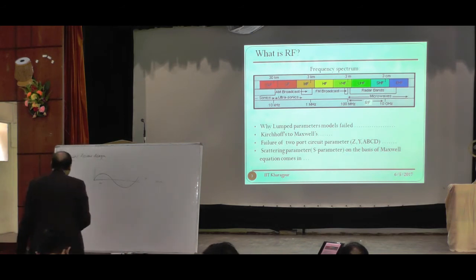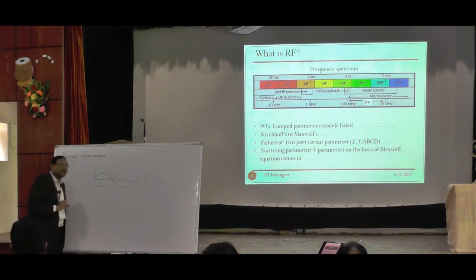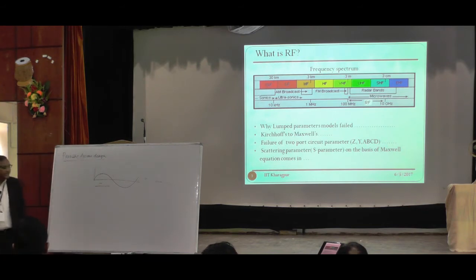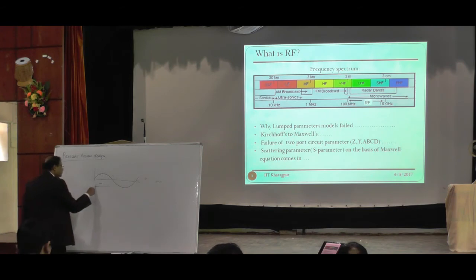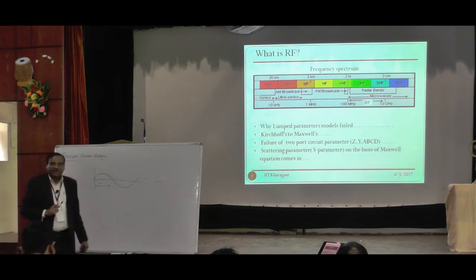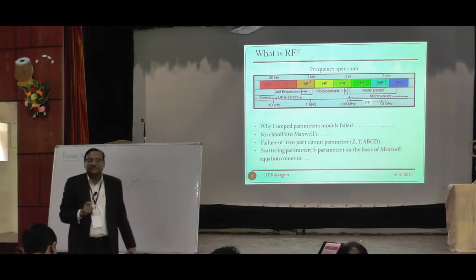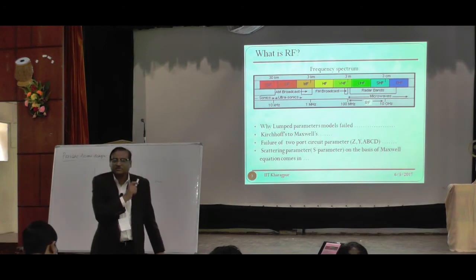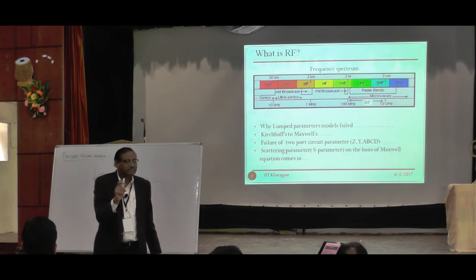Look at the scenario when the component size is bigger. What will happen along the length? You are seeing there is a change in the phase. If there is a change in phase, who is responsible? You immediately know, resistance is not going to change the phase.